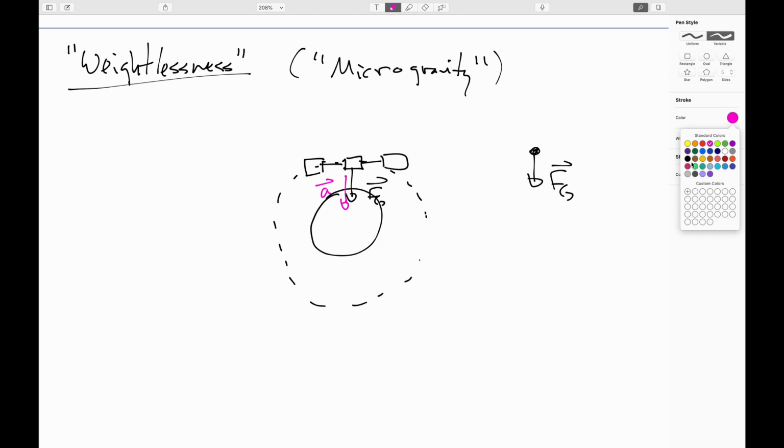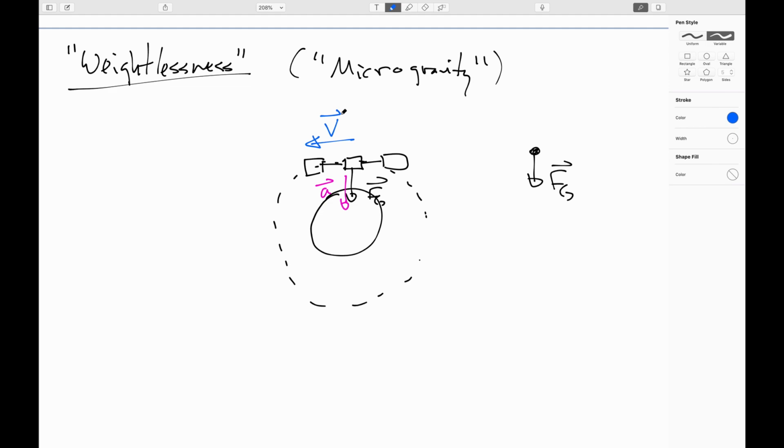Now the issue is that it is moving sideways so fast that what winds up happening is you're just going around in a circle. The force of gravity now becomes what we call a centripetal force. All the acceleration is what we call a centripetal acceleration. In other words, the acceleration is only responsible for changing the direction of the velocity, not the magnitude. We will more fully flesh out the ideas of centripetal force and centripetal acceleration in a future video.